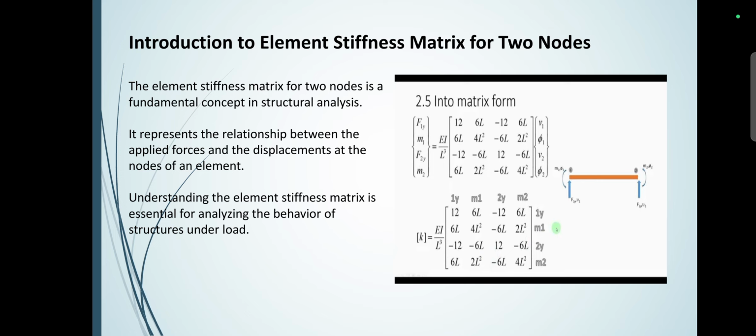2.5 into a matrix form: F1y, M1, F2y, M2 equals EI by L cube times the matrix 12, 6L, minus 12, 6L; 6L, 4L square, minus 6L, 2L square; minus 12, minus 6L, 12, minus 6L; 6L, 2L square, minus 6L, 4L square; and v1, phi 1, v2, phi 2.